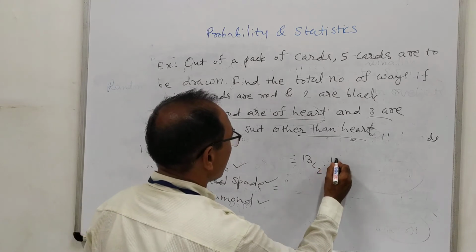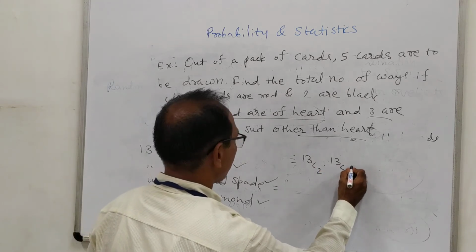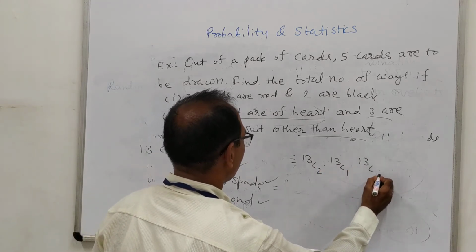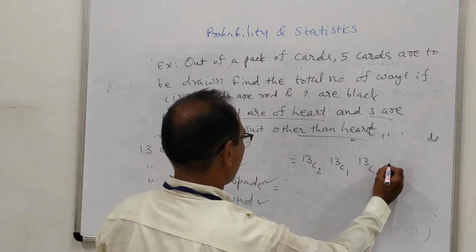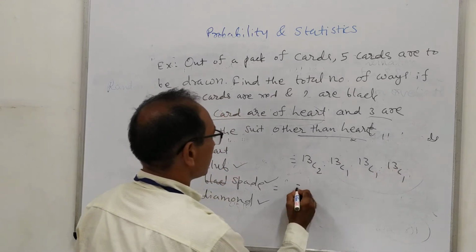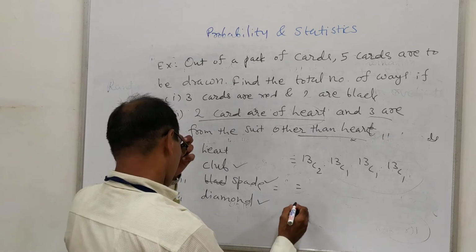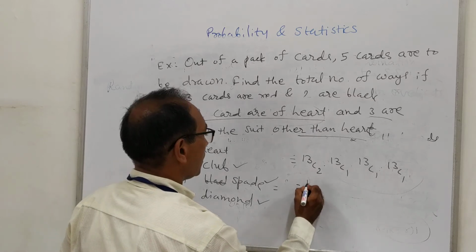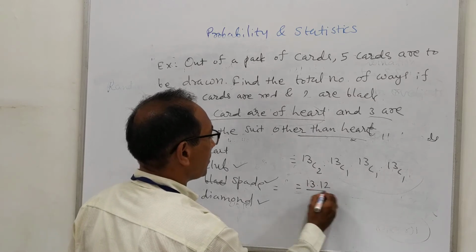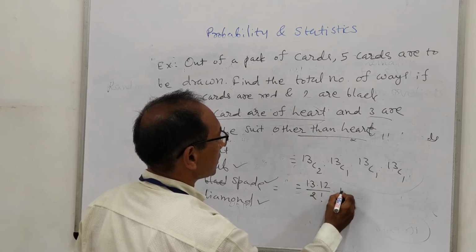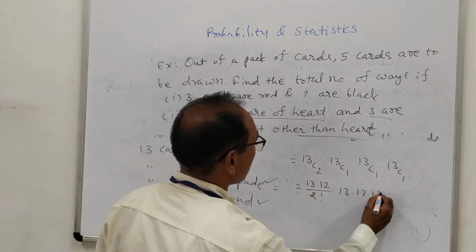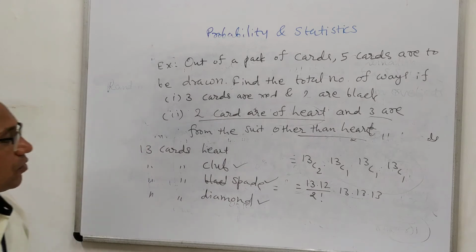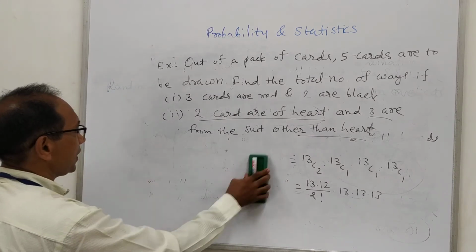That means we can select 1 card of club from 13, 1 card from spade, and 1 card from diamond. So 13C2 is 13 into 12 divided by 2 factorial. This is 13C1 means 13, 13, 13, and you can solve this very easily. 2 factorial is 2.